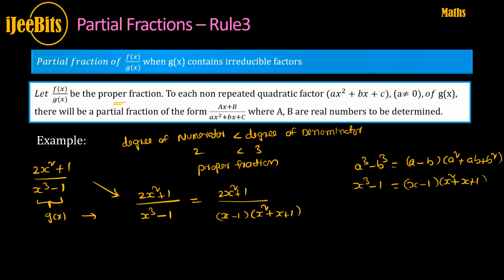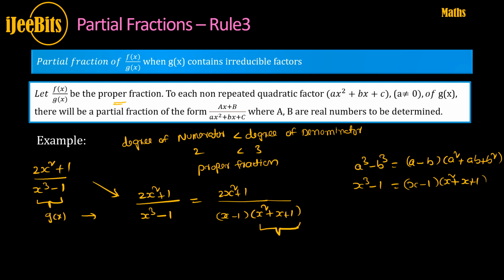See this, when you have x cube, the degree is 3, so you should find 3 roots, 3 terms. In the expansion, x minus 1 is one factor and x square plus x plus 1 is the second factor. But this itself has 2 values inside, isn't it? So you still need to find factors for this.